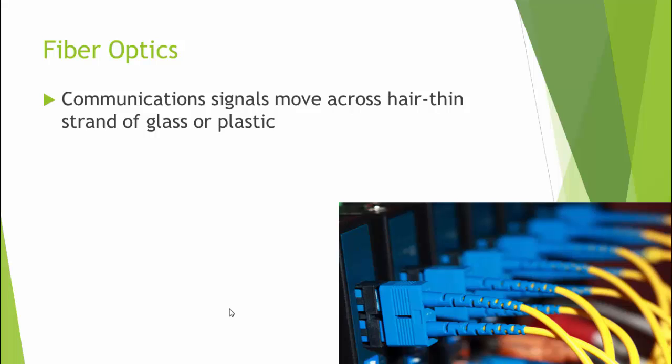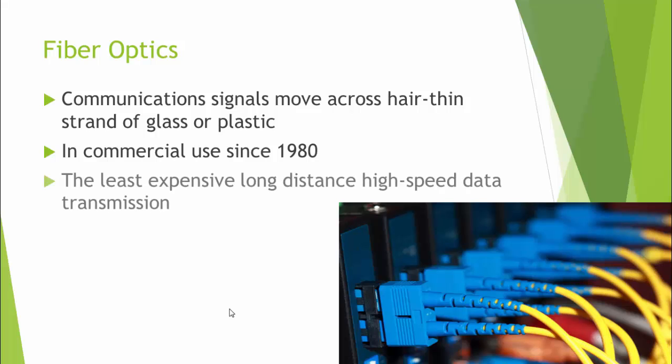Communication in fiber optics travels at the speed of light through strands of glass or plastic. This technology has been in commercial use since about 1980, and it is the least expensive way to send data across long distances.